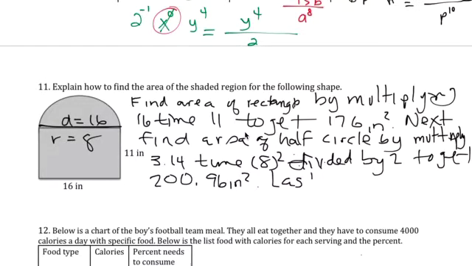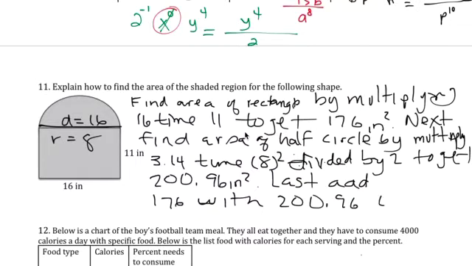Last, add 176 with 200.96 to get 376.96 inches squared.